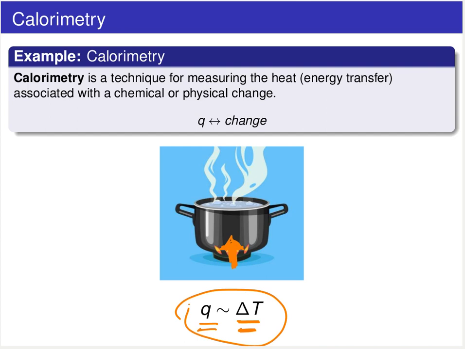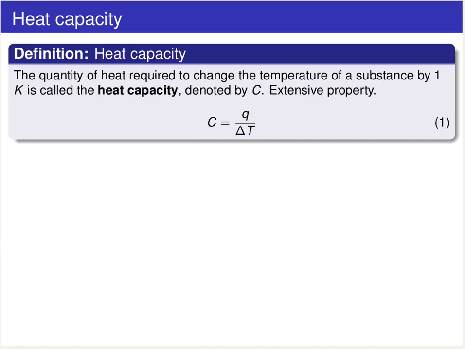In order to come up with a more precise mathematical relationship, rather than just explore the proportionality, we're going to introduce the concept of heat capacity. Heat capacity is defined as the quantity of heat required to change the temperature of a substance by 1 Kelvin.